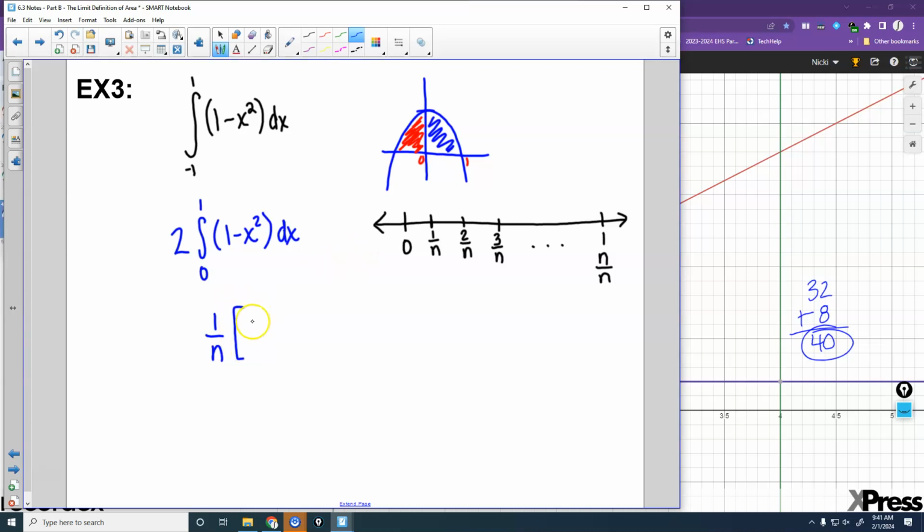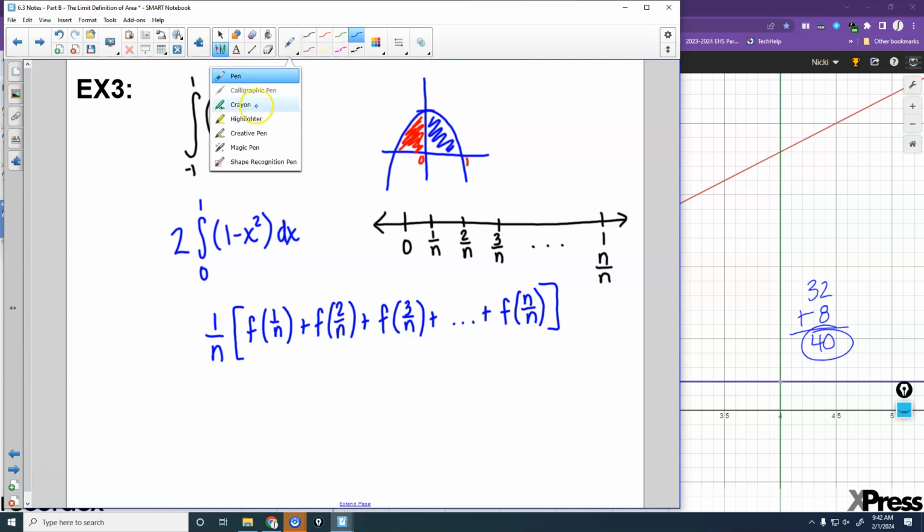And I like to write it this way: f of 1 over n plus f of 2 over n plus f of 3 over n plus dot, dot, dot, f of n over n. You might not need that right there to remind you what to do. So if you skip that step, it's okay. F of x is this 1 minus x squared.